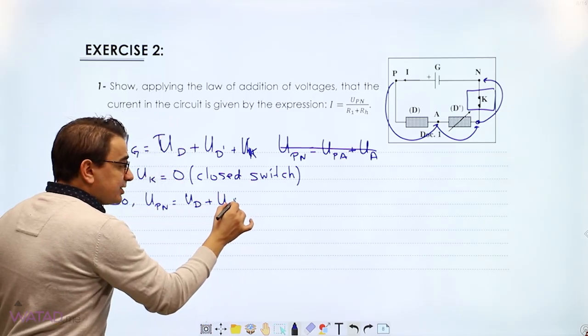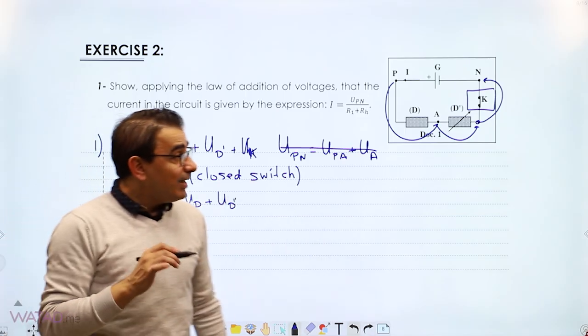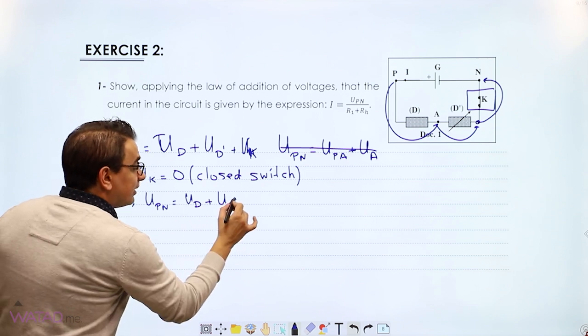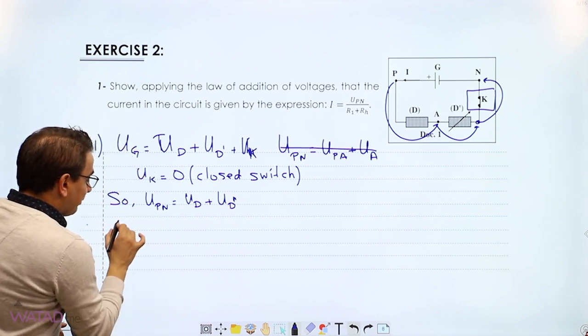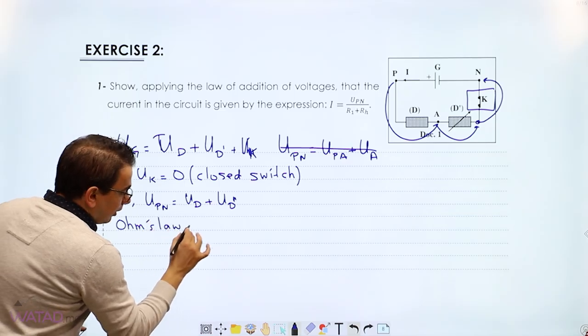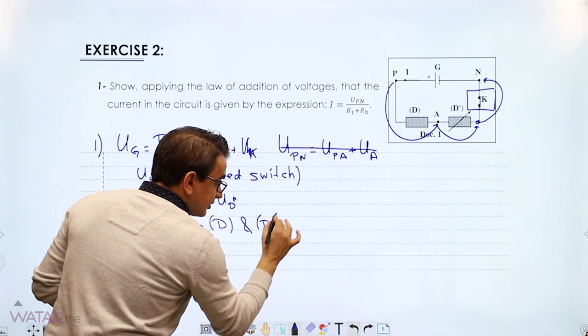Now, as I'm solving this, I noticed that the question demands something related to current. How can I pass from voltages to current? So now we can apply Ohm's law on D and D prime, because both are resistors, right?